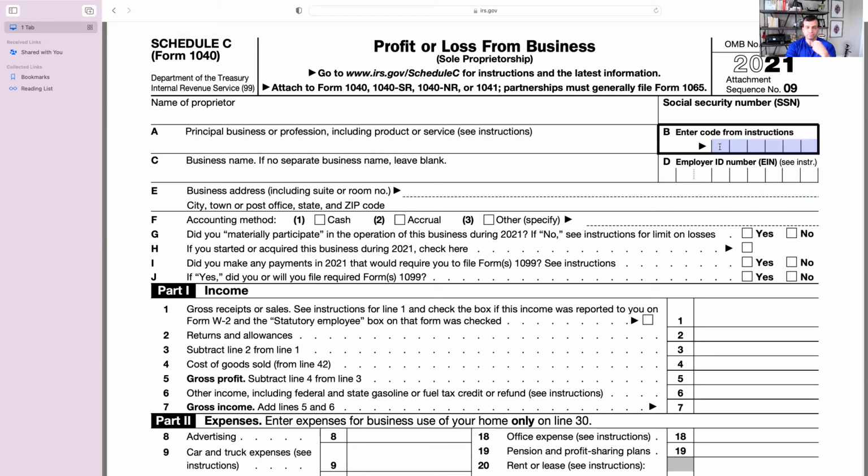The code. We'll talk about it later in this video, but this code is a North American Industry Classification code. It is basically a 6-digit code that helps standardize the industries.